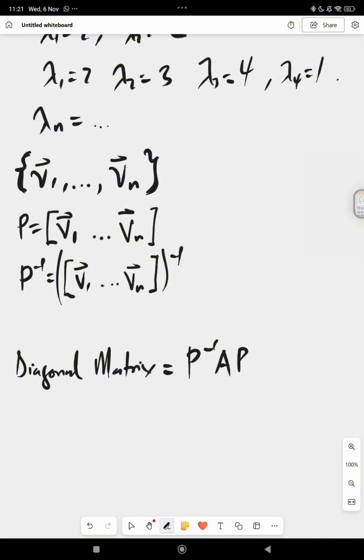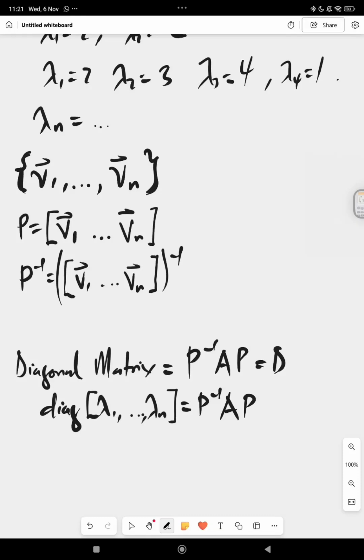You can either write it in this form, or you can just write diag of lambda 1 to lambda n is equal to P inverse AP.